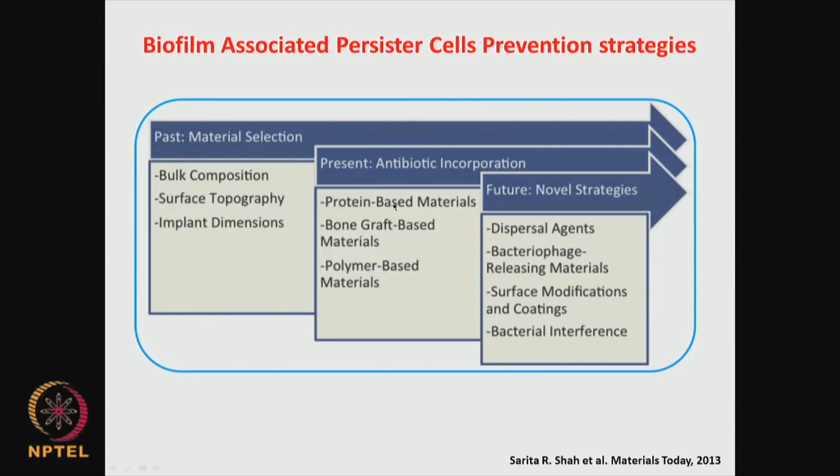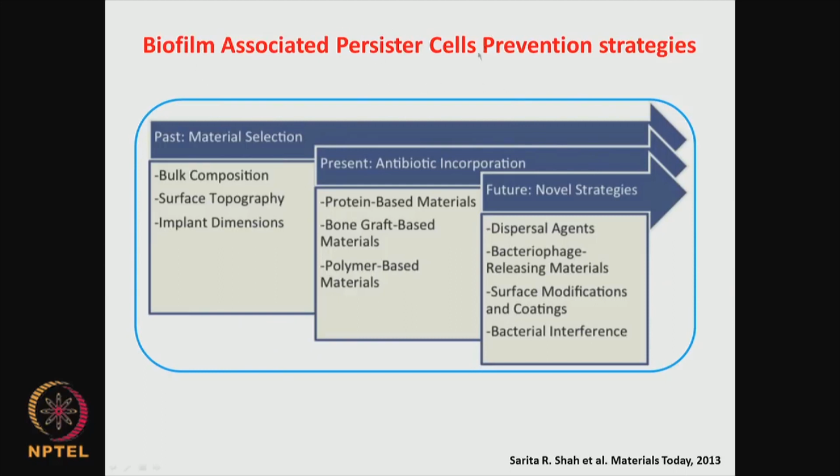It could be protein based, small molecule based, bone graft based, or polymer based materials. That is the current approach. The future one is thinking about dispersing agents, bacteriophage releasing materials, surface modification, surface coatings, and interfering with the bacteria. So, that is the strategy being thought of in the future to address these persister cells.